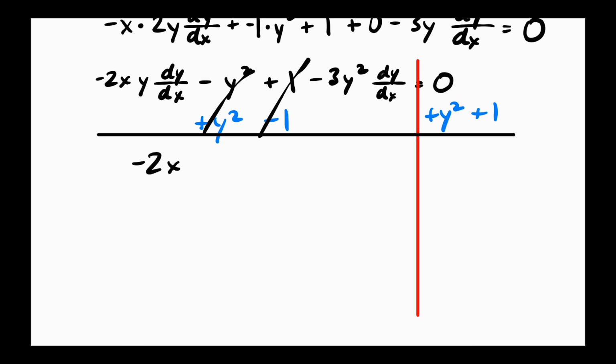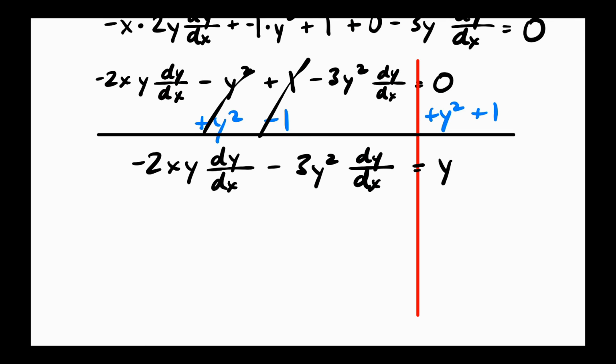So I got negative 2xy dy over dx minus 3y squared dy over dx equals positive and positive. Oh yeah, sorry, minus 1. Yep, you're right. Yep, minus 1.